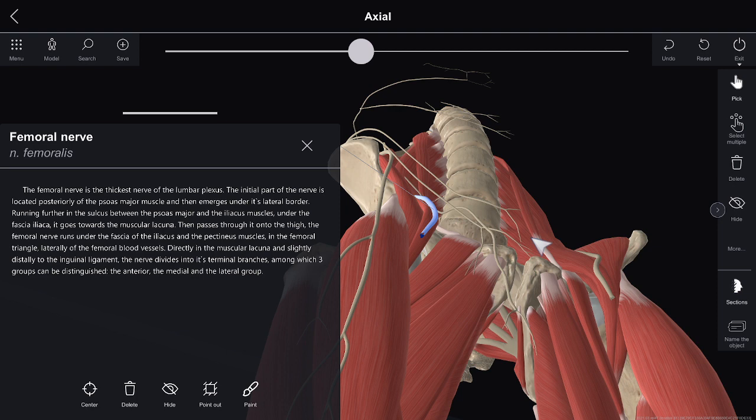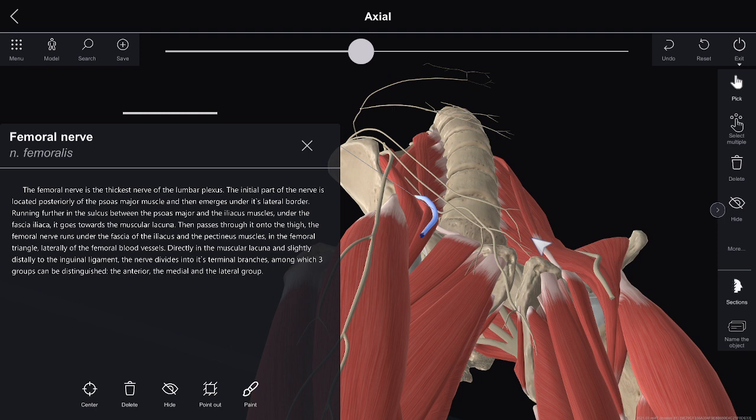Inguinal ligament, ligamentum inguinale, and this space between ligamentum inguinale and pelvis forms two spaces, lacuna musculorum and lacuna vasorum.